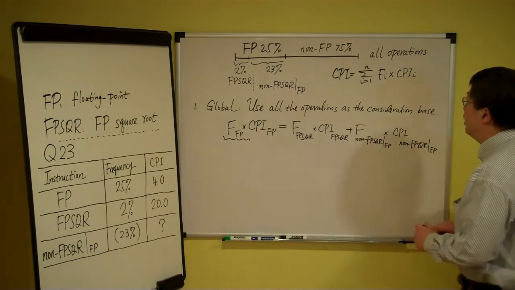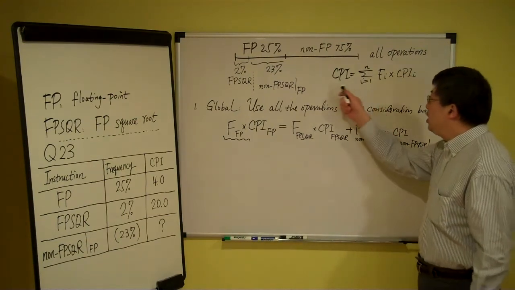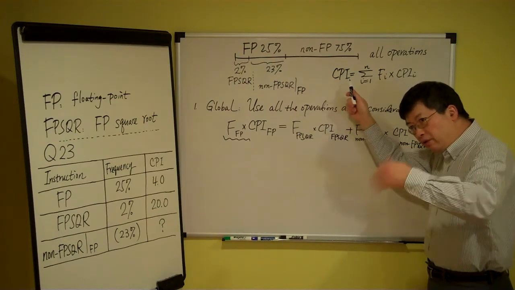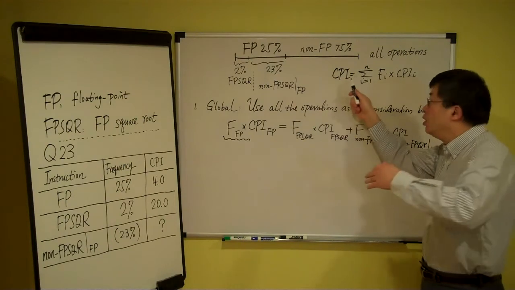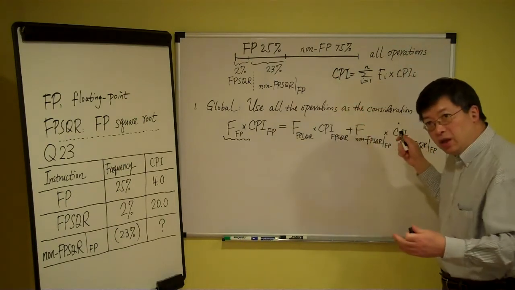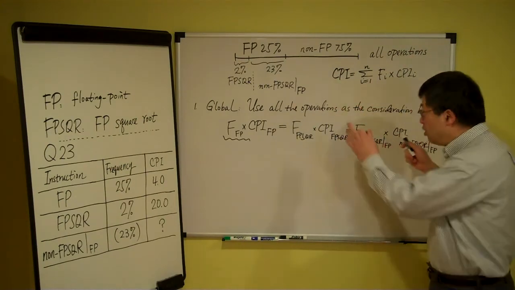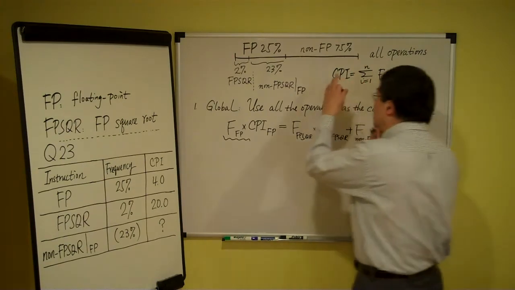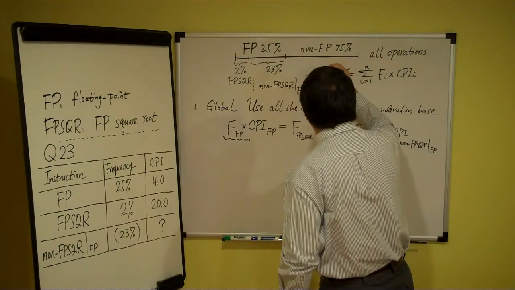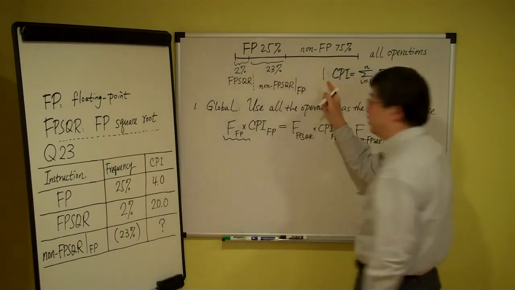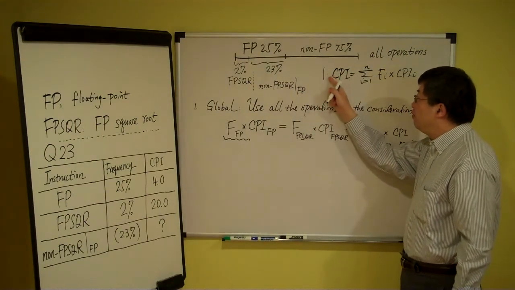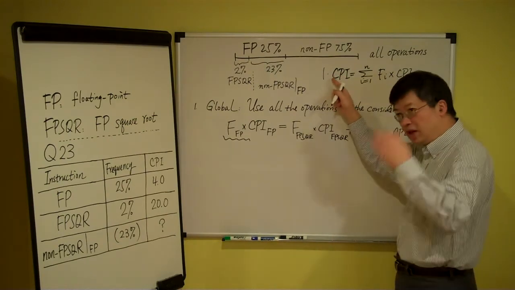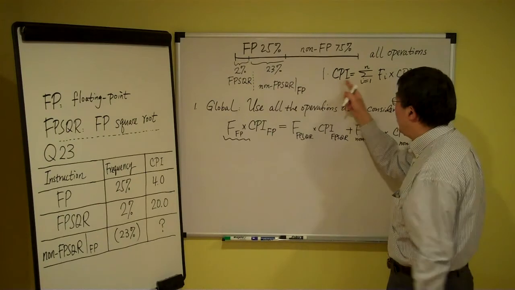Why? Because the CPI here is the overall CPI. Overall means we're talking about all the operations, and then it also has its corresponding frequency. The frequency for the overall operation is 1. So there is a frequency of 1 hidden, although you cannot see it, but you can view it that way.